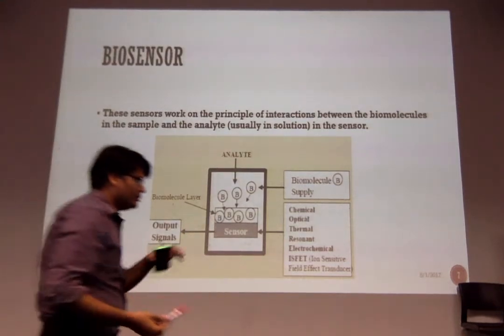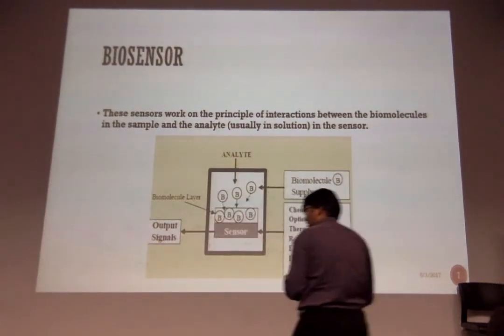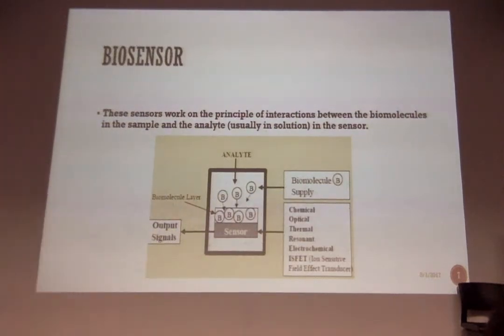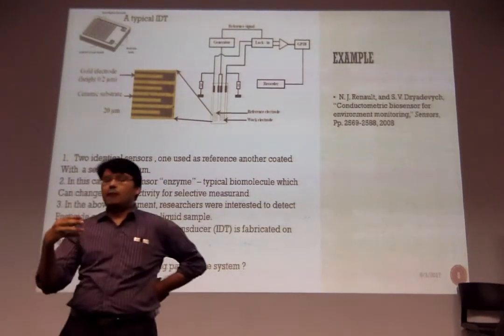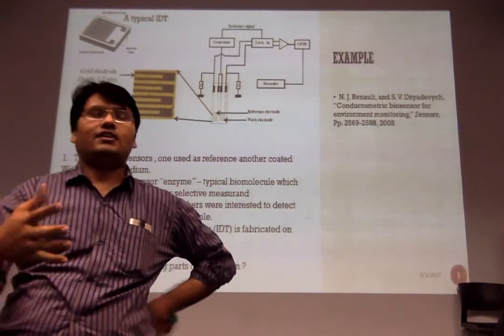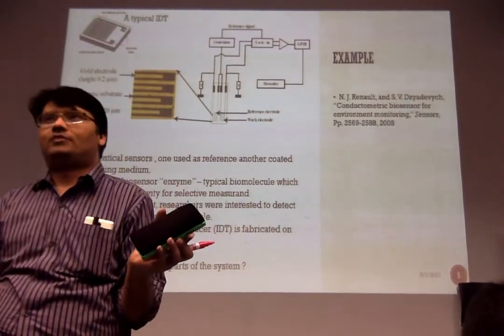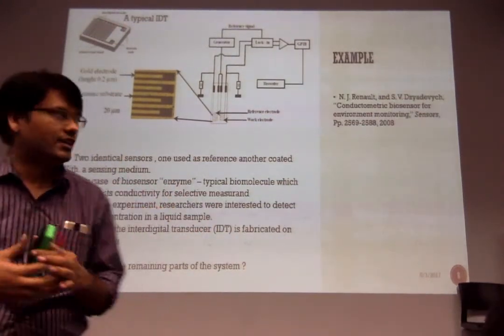One example I want to show in the next slide is a group of researchers who developed such a system to find out how much pesticide has been mixed in water in a storage tank, which people drink. So they used an enzyme.